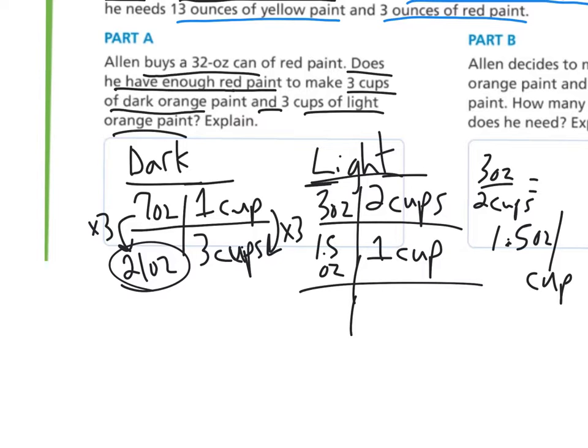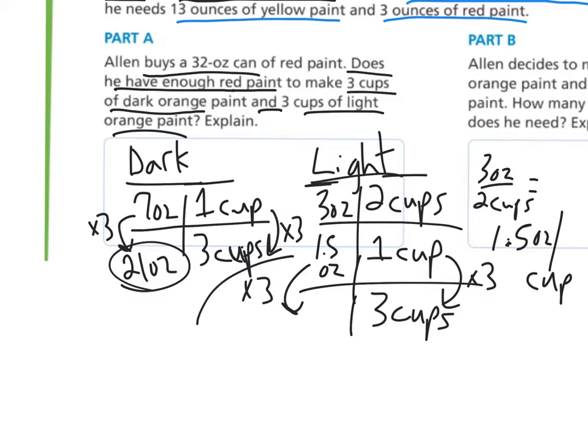And then now we can get to our 3 cups. Same idea, it'd be 3 times as much as we need for 1 cup. So we multiply by 3. So that would be 4.5 ounces for the light.